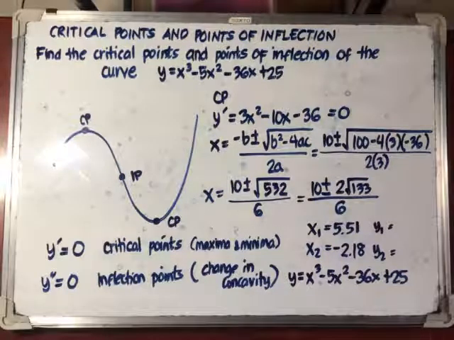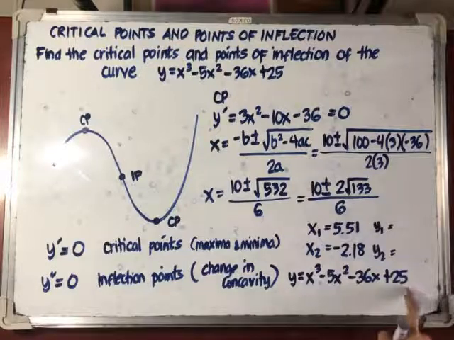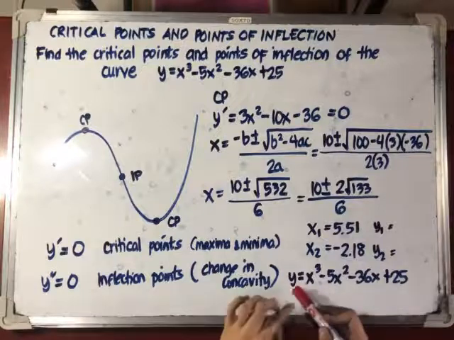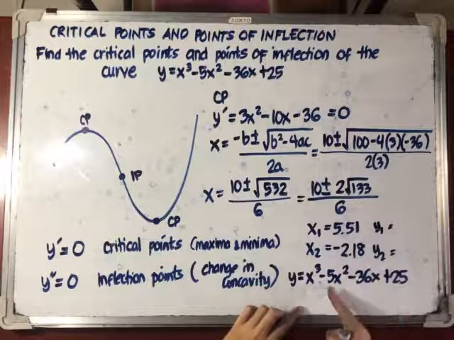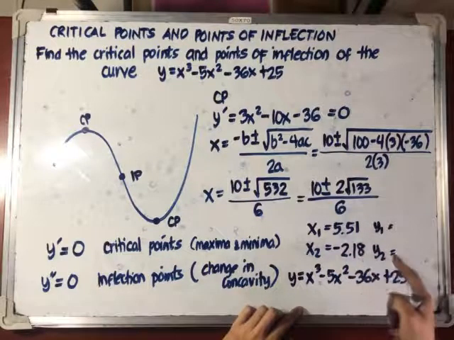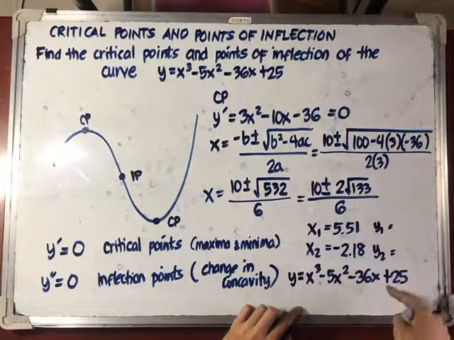Hindi siguro siya malinaw. Tina-type ko to lahat, tapos ika-calc ko na lang kasi wala tayong space. Pwede din, kung gusto mo kunin yung y, substitute mo lang 5.51, i-cube mo yon minus 5 times 5.51 squared minus 36 times 5.51 plus 25.